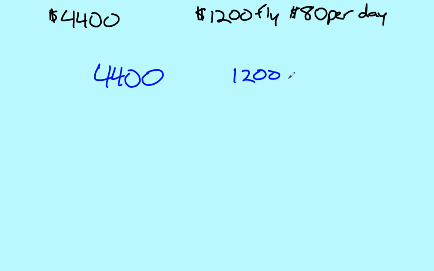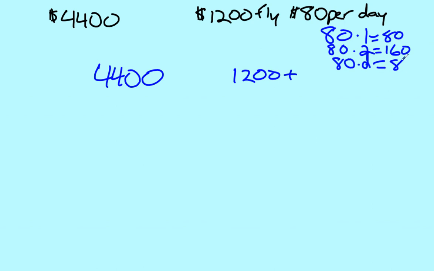They also spent this, so we'd say plus, and then $80 per day. For one day, that would be 80 times 1 is 80. If it was 2 days, it'd be 80 times 2, and that's 160. But we don't care about a specific number because we want to know for anything. So we say 80 times whatever number of days.